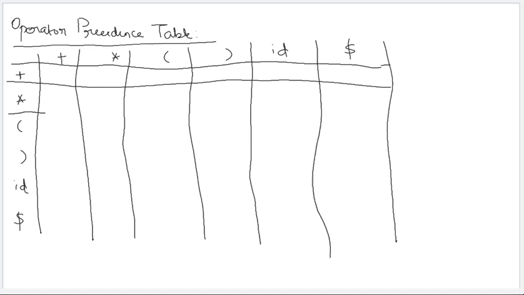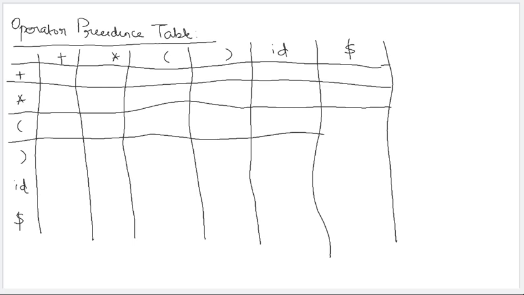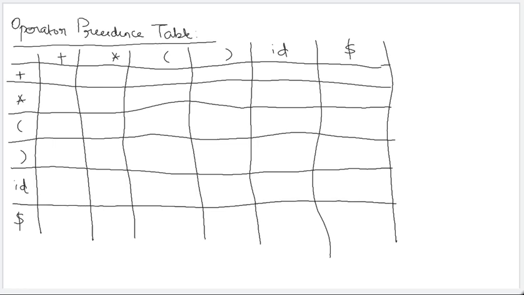Now we are going to identify what kind of relationship exists between any pair of terminals, based on the rules which we will see now. And once we derive that, we can fill the values for this operator precedence table. Okay, so what are those rules? We have 5 rules in it.